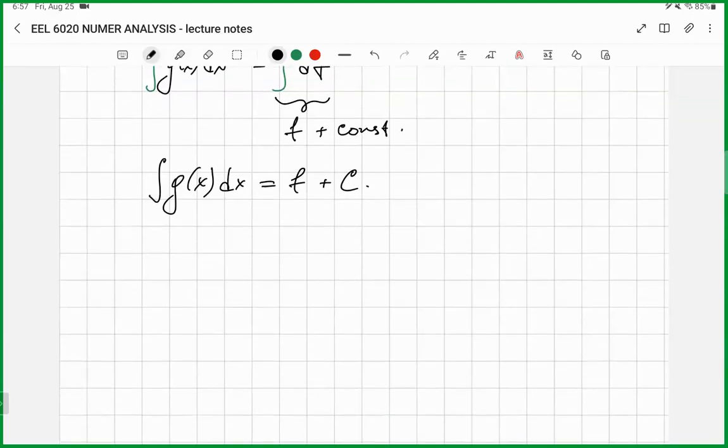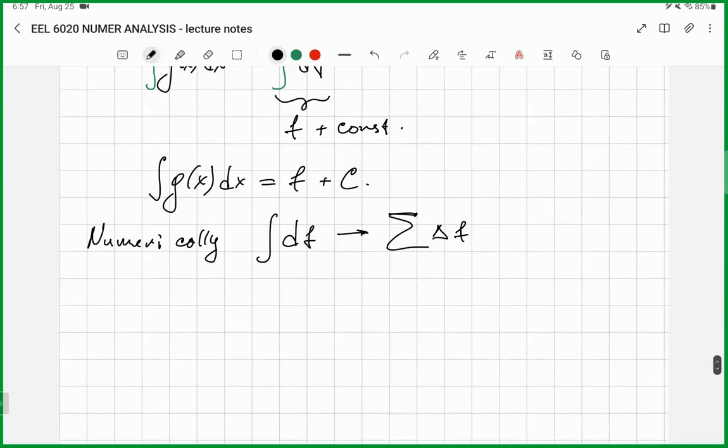So numerically, this integration operation is nothing but taking the sum of small but finite delta f. Let's say you need to take an integral of some function f, which can be a component of a field.